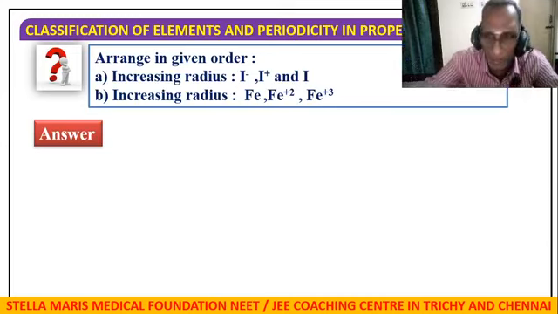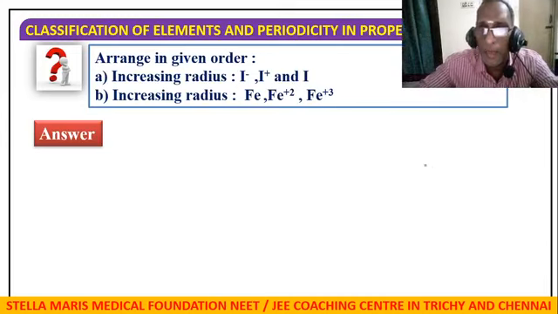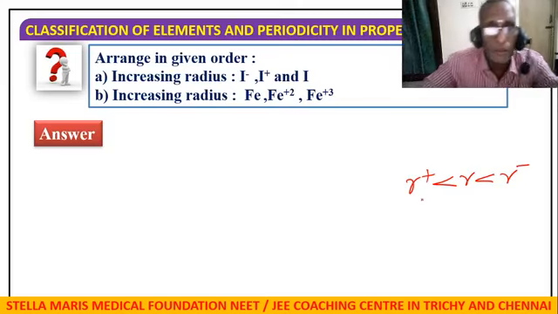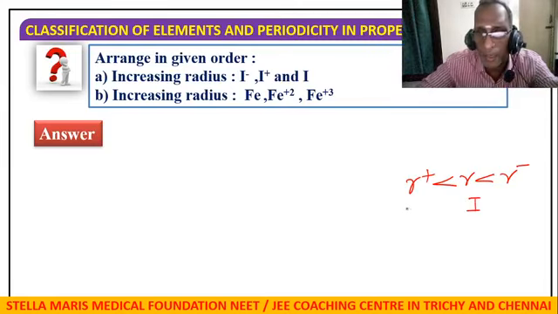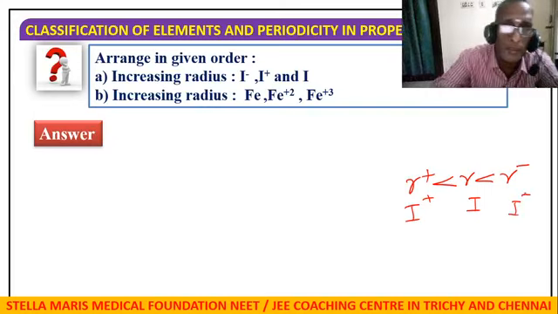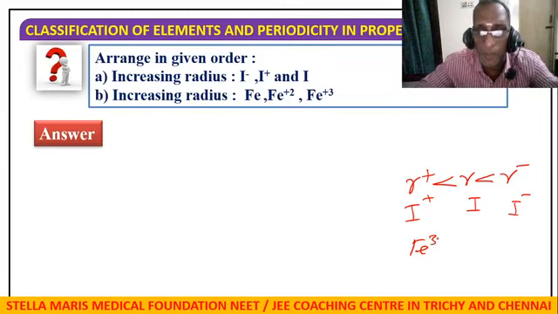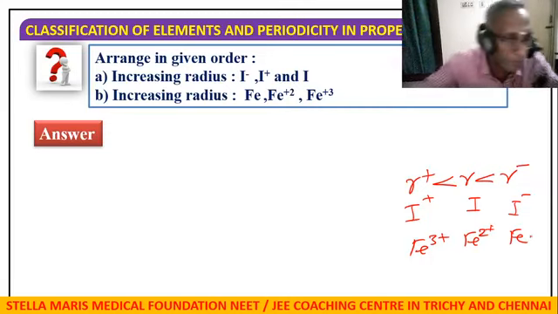The same general method applies. The radius of the cation is smallest, the radius of the neutral atom is medium, and the radius of the anion is largest. Similarly, for the same element with different charges, the most positive has the least size. So Fe3 plus has the least size, then Fe2 plus, then the neutral atom.